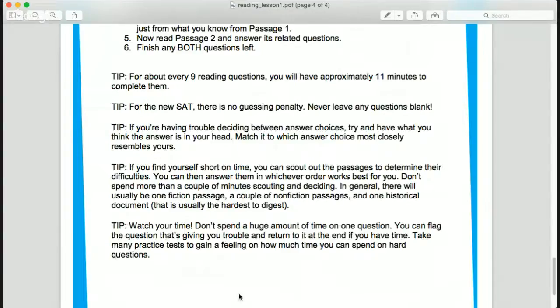Now let's move on to looking at a sample SAT reading passage. We will be answering 10 questions, and it is pre-annotated.